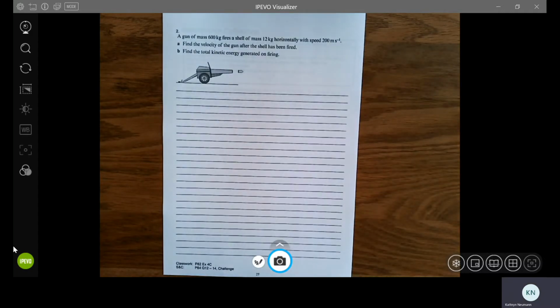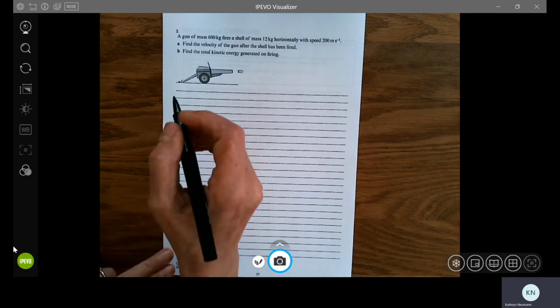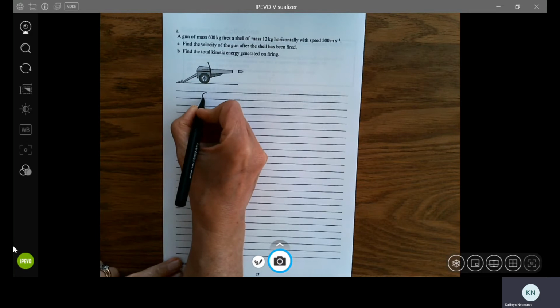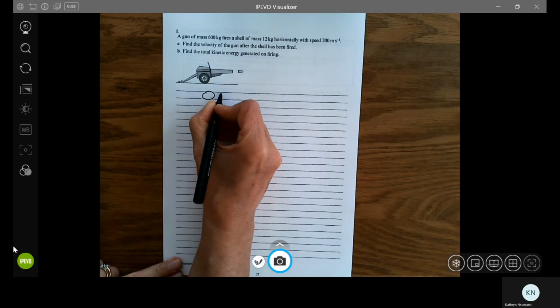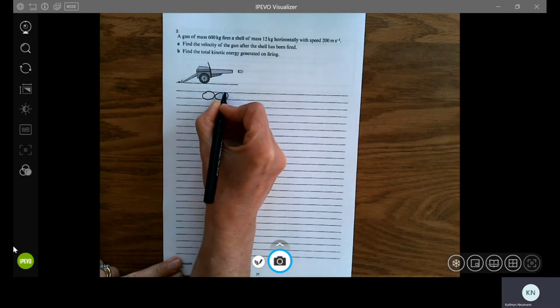Second question involves a cannon being fired. We've got a shell coming out of the gun with a mass of 12 kilograms and a speed of 200. Find the velocity of the gun after the shell has been fired. We need to draw a diagram here. So this is the situation before.